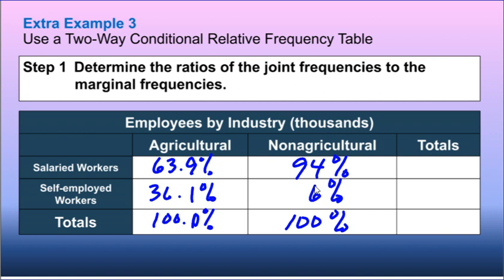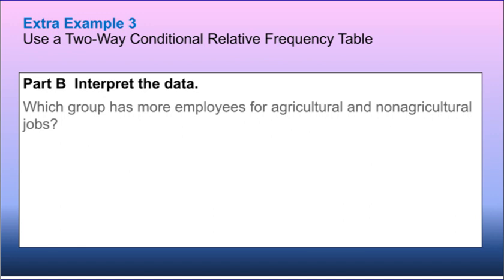And if I were to add straight across for this one, let's see, 94% plus 63.9%. We won't have to worry about this column right here. So now we can go about answering the question, which is which group has more employees for agricultural and non-agricultural jobs?